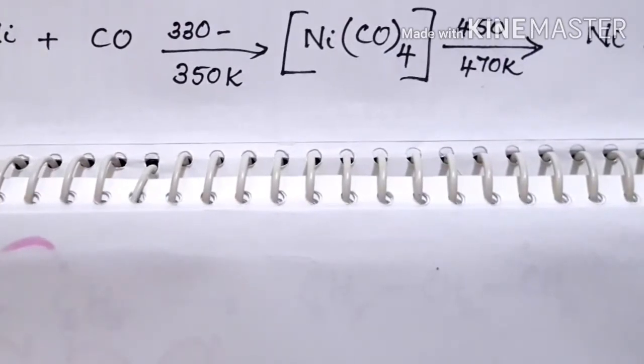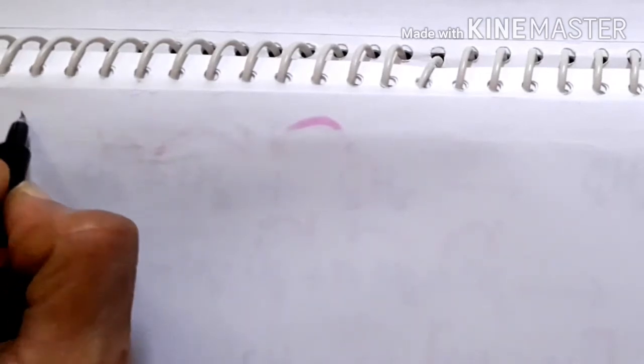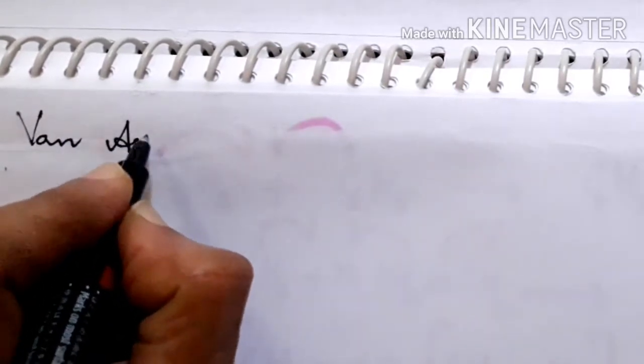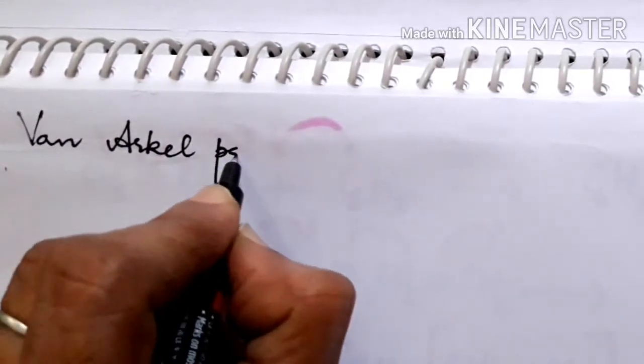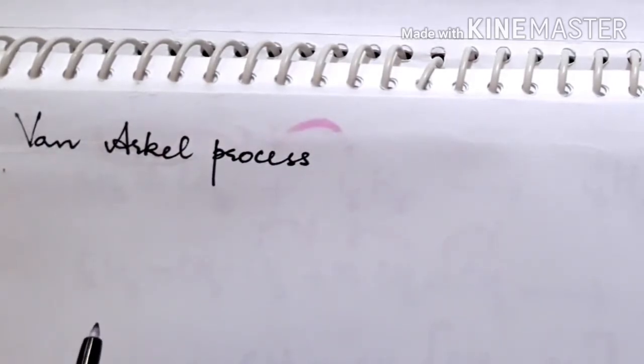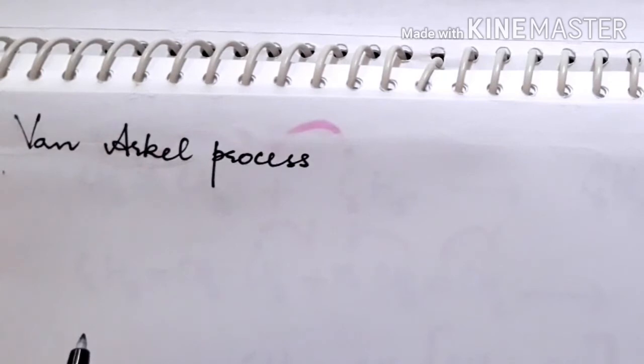Coming to the next vapor phase refining, which is done in the case of zirconium and titanium. The process is known as Van Arkel process. In Van Arkel process, the metal that is to be purified is heated in an evacuated vessel with iodine at around 870 Kelvin.